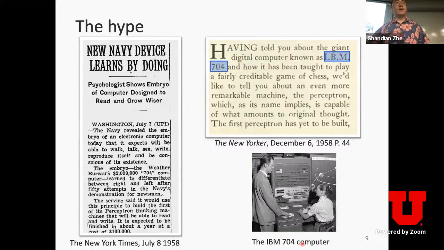It was a superpower computer at that time, but right now its power might be less than a portable calculator, far worse than your iPhone. But at that time, people were very optimistic and believed that perceptron would soon be shown to be intelligent, able to do all the intelligent things people can do. But it turns out this was over optimistic, and it's far away from being truly intelligent.